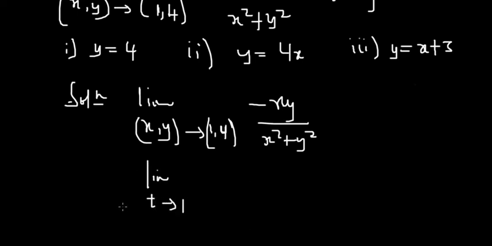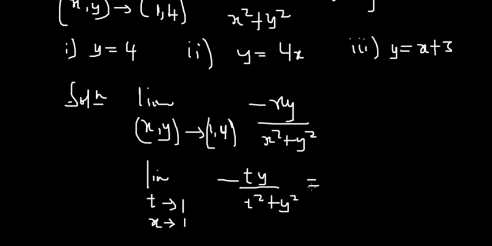Note that initially I stated that whenever you come across t, it means that we are referring to x. So this is the same as x approaching 1. When t or x is approaching 1, this changes to ty over t squared plus y squared.